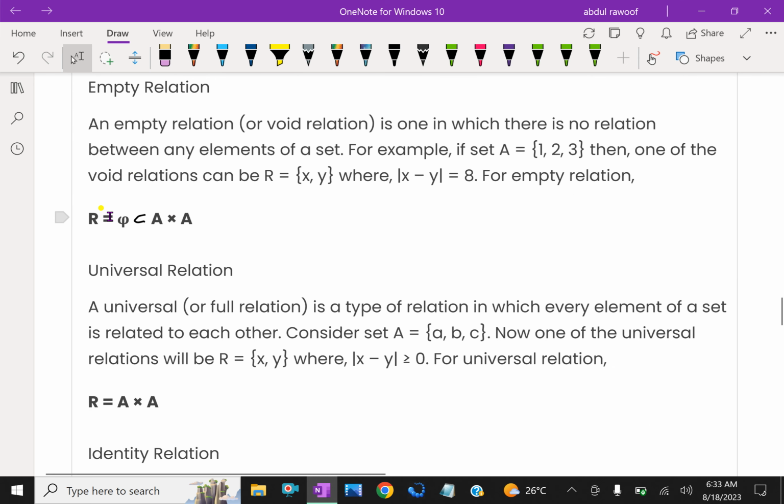What is an empty relation? An empty relation, or void relation, is one in which there is no relation between any elements of the set. For example, here the set A is considered as {1, 2, 3}.